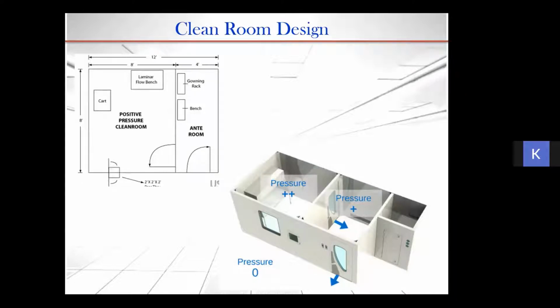Then we entered a 1,000 class room, and the local region where we used to do the lithography was around class 100. So this should be the plan. The main part will be the best region, whereas the ante room and the other parts can be more or less compromised, because there is a cost-effectiveness aspect also. The lower you go in the concentration of particles, the more the cost of the whole system will increase. So that is the main thing.